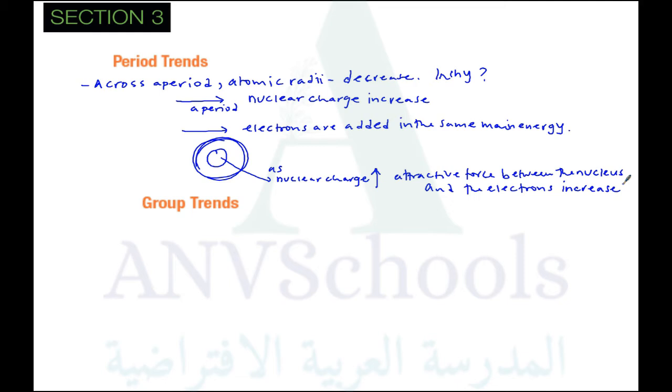And the other part, if the electrons added are in the new energy level, the size will be getting bigger and bigger. But now, no size increases, but what is expected, there is electron repulsion there. So as you compare the two effects, when the electrons are added in the same shell, electron repulsion increases.